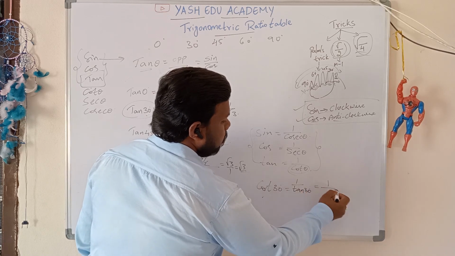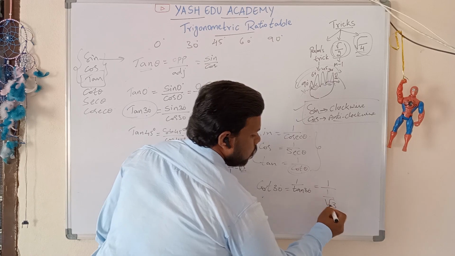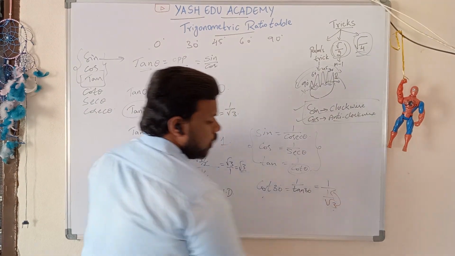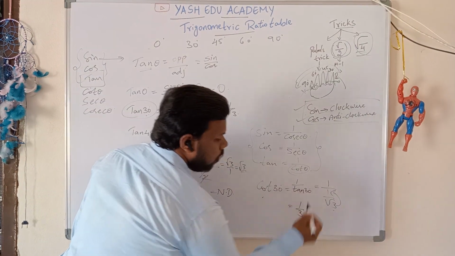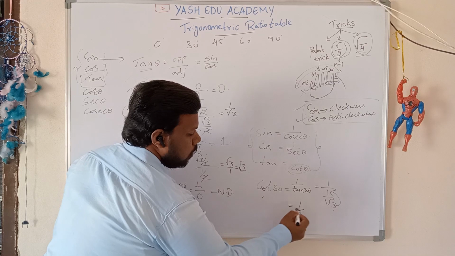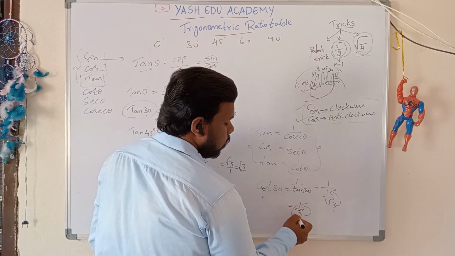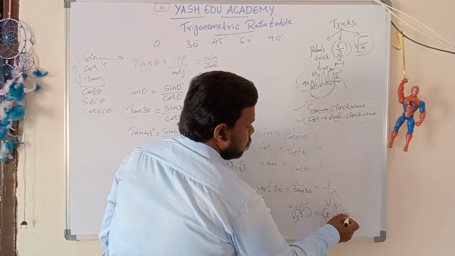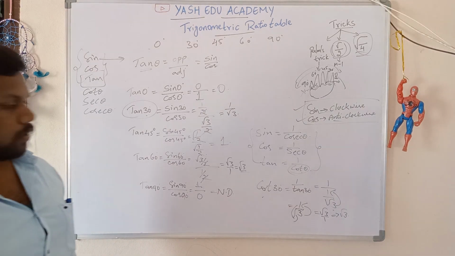That means 1 by 1 by root 3. Or else, inverse the values. Root 3 comes up and 1 comes down. Root 3 by 1, that is root 3. Root 3 is the answer for cot 30.